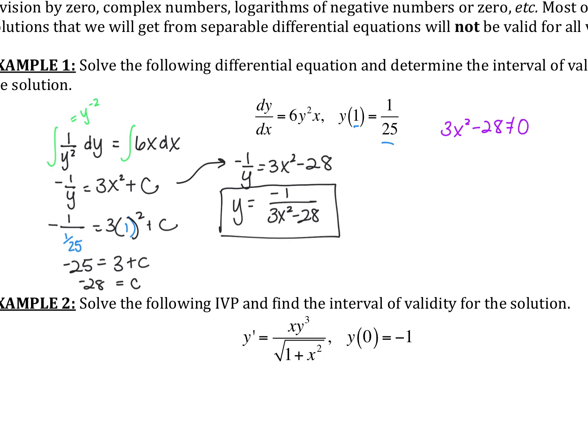Which means that x cannot be plus or minus the square root of 28 over 3. It's pretty, right? Keep it as ugly as you can. Don't try to simplify this. It's not worth it. Now, here's what that creates. That creates 3 intervals.